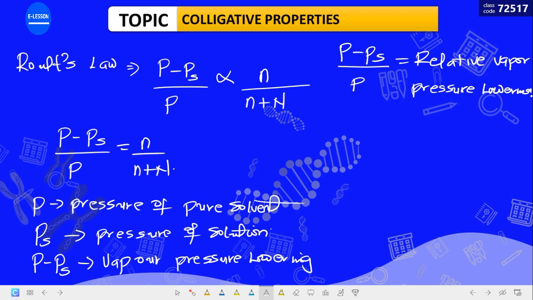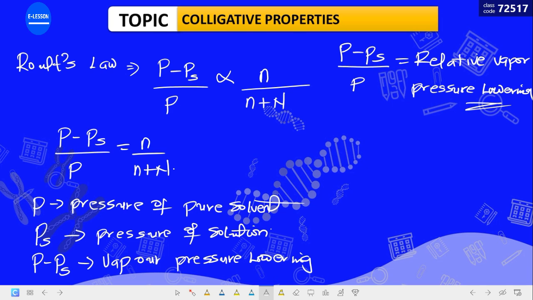Relative vapor pressure lowering, and this is called the vapor pressure lowering. Now, the idea of Raoult's law is what will actually help us to determine the vapor pressure, molecular mass, when you are talking about vapor pressure lowering, and the rest of the calculations.